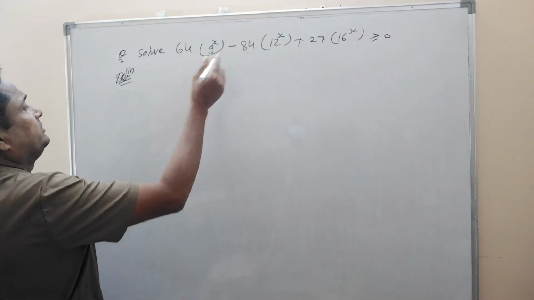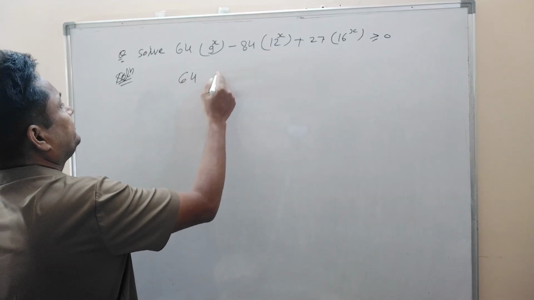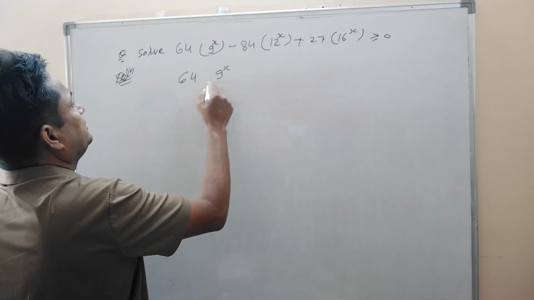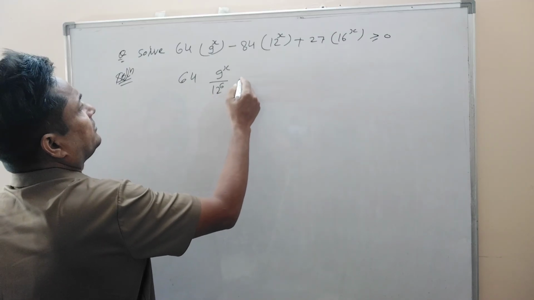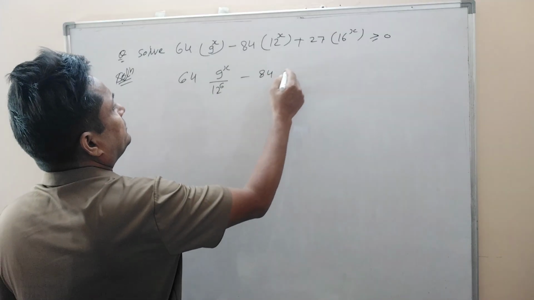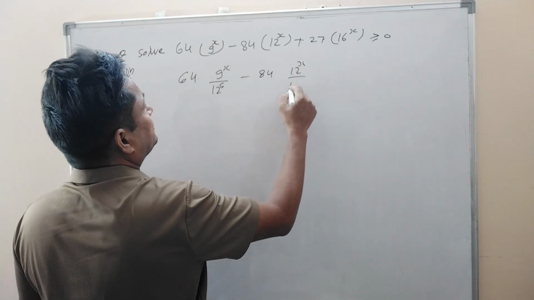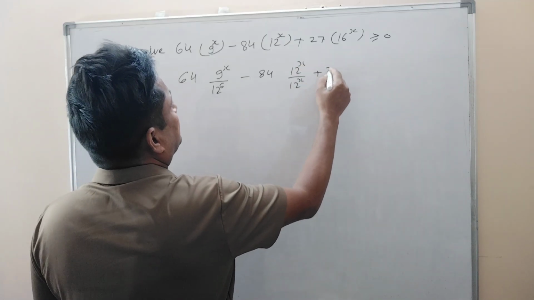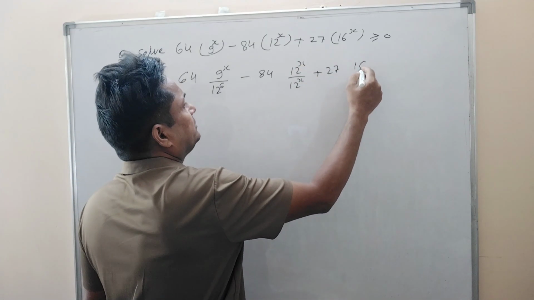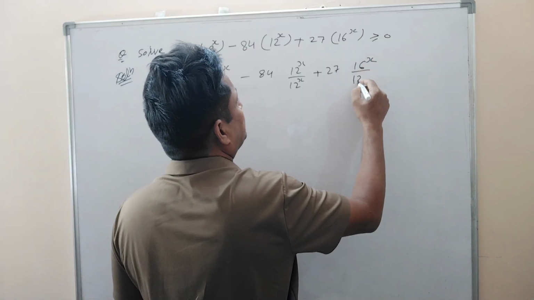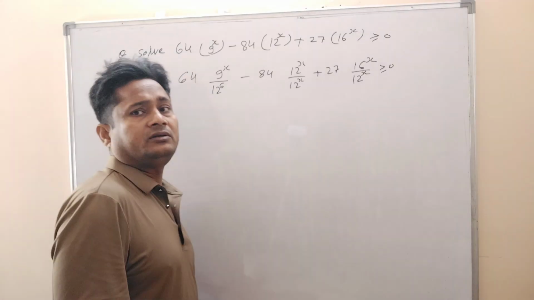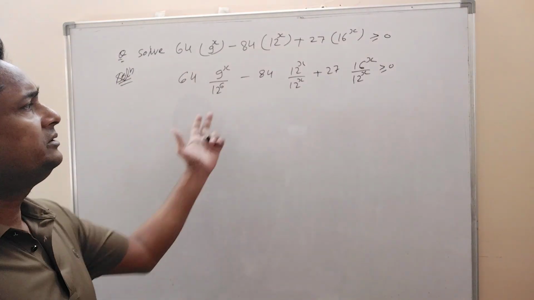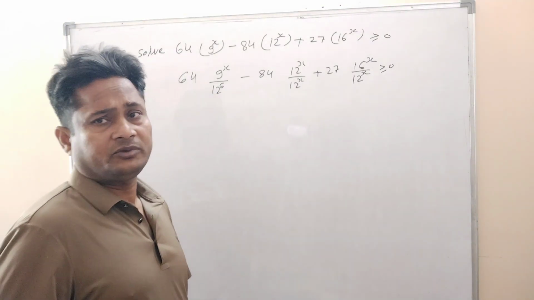So divide this one. 64 times 9 to the power x divided by 12 to the power x, minus 84 times 12 to the power x by 12 to the power x, plus 27 times 16 to the power x by 12 to the power x, greater than or equal to 0. The inequality will not change because 12 to the power x is a positive number.